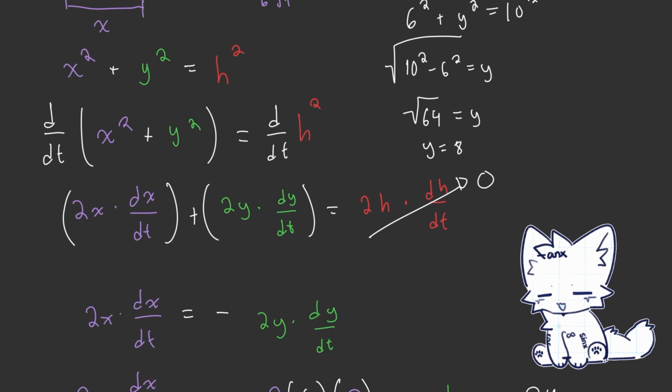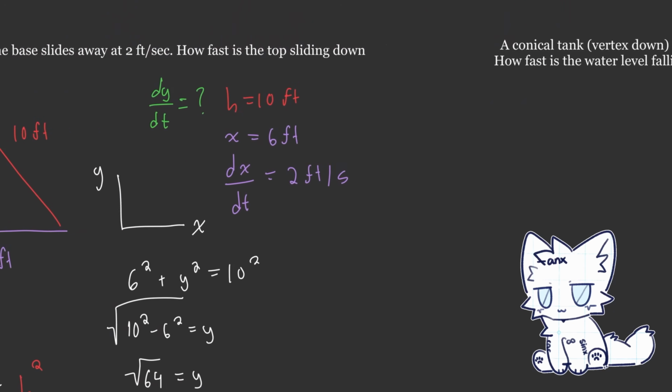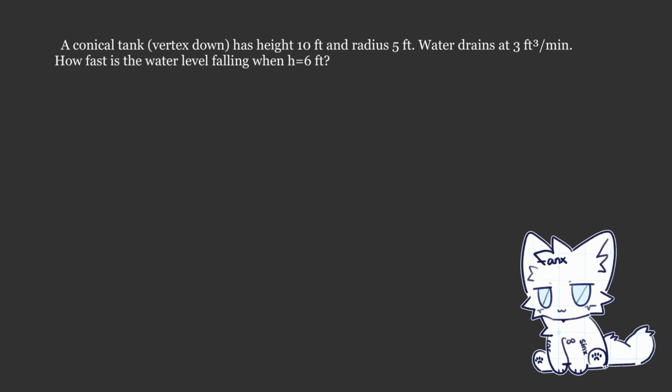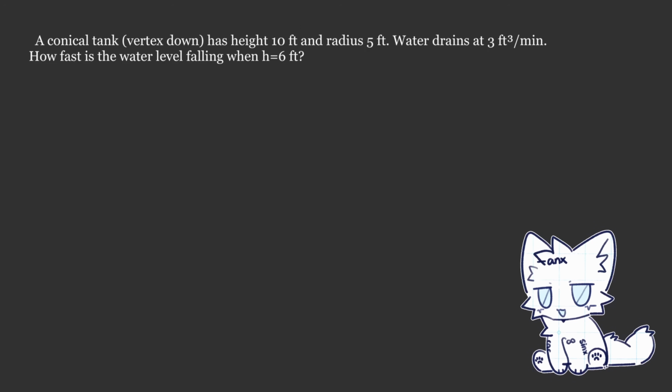Now, let's try another problem. A tank with the vertex down has height 10. So let's first draw the tank. With the vertex down, and it has a height.